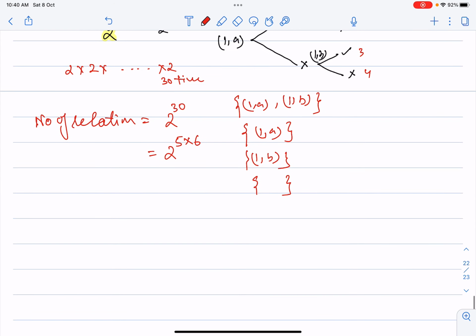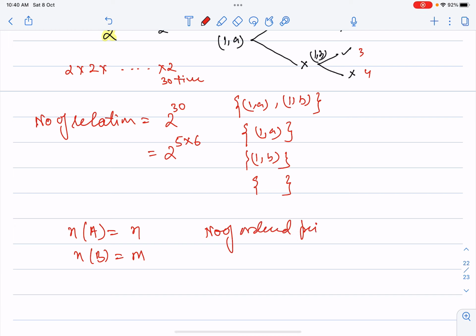Now we can generalize this. Suppose n(A) is equal to n and n(B) is equal to m. That is, the number of elements in set A is n and the number of elements in set B is m. Then, first let me write the number of ordered pairs in the Cartesian product, which is n into m.